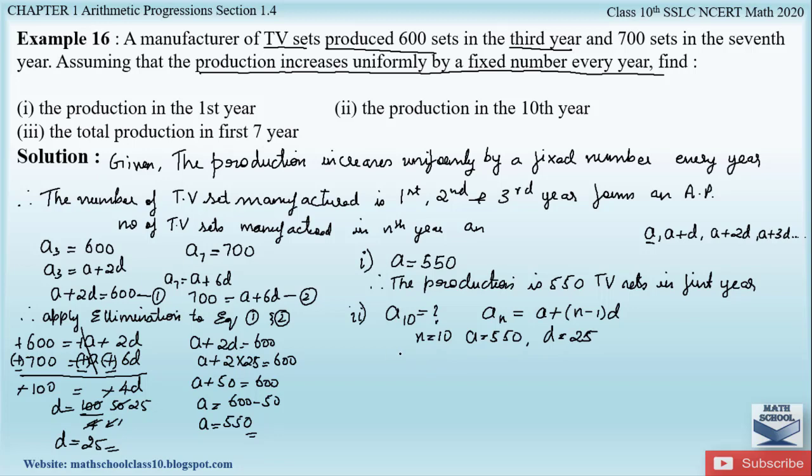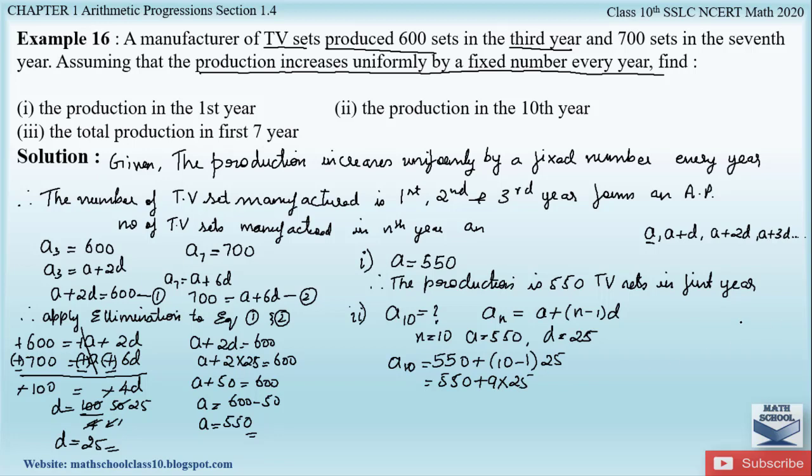So production in the 10th year, that is A10, is equal to, what is the A value? It is 550 plus n is again 10 minus 1 into d is 25. Therefore 550 plus 10 minus 1 is 9 into 25.